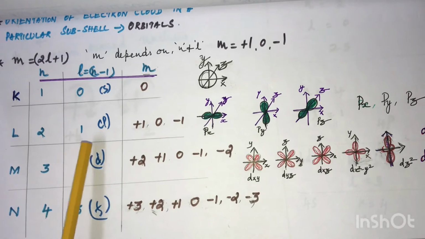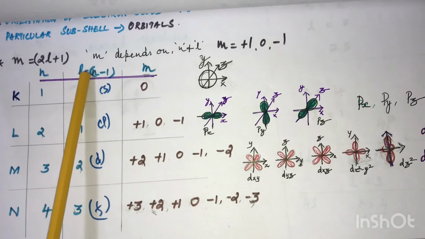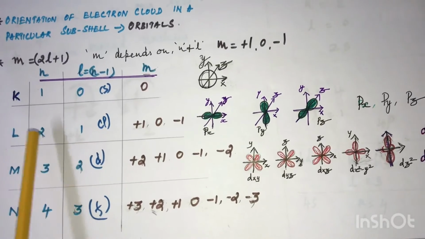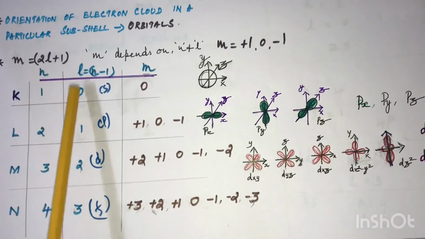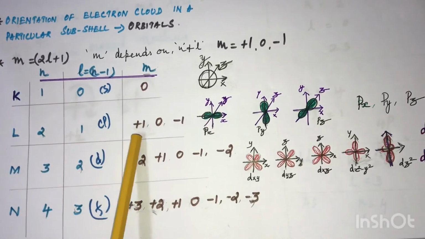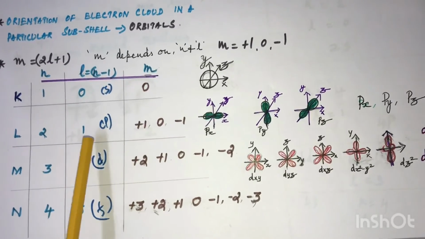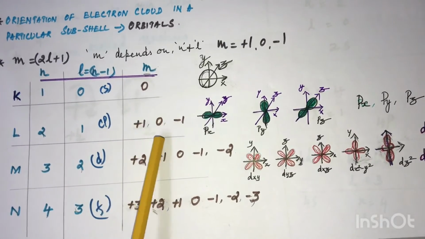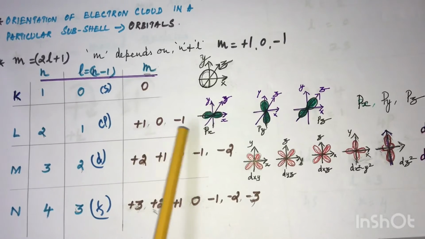Next one is the p orbital. For the value of l equal to 1, if we substitute the l value, 2 into 1 plus 1, it is 3. So p orbital will have three values of m, that is plus 1, 0, minus 1.